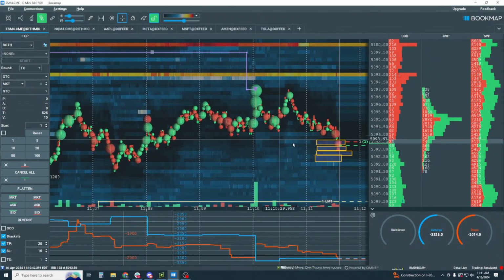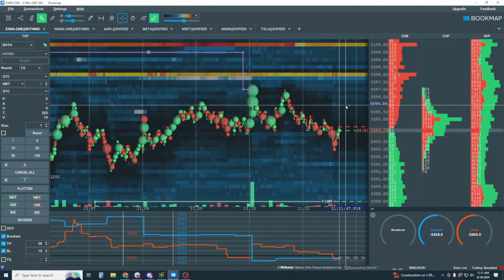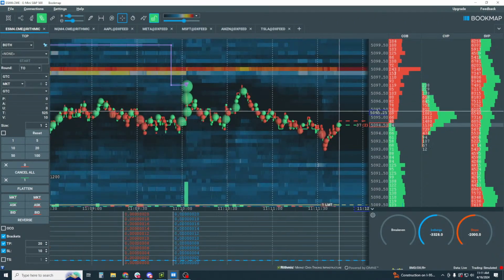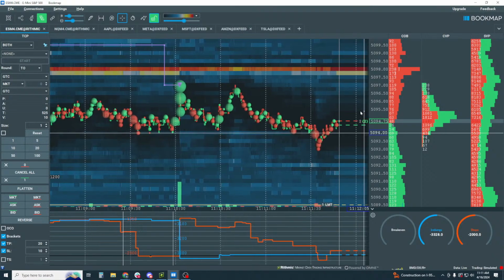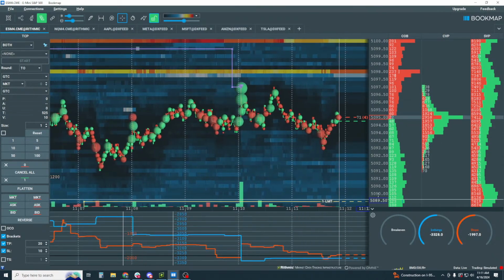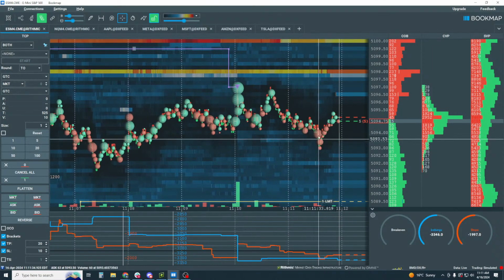Okay, let me clear the drawings again, just so we can look for that potential spoof in here. And we don't know if that's going to happen or not, but if they can't get filled in here, we might see a spoof to get price up to 98. Okay, but maybe this is just a little bit of a slingshot right here.